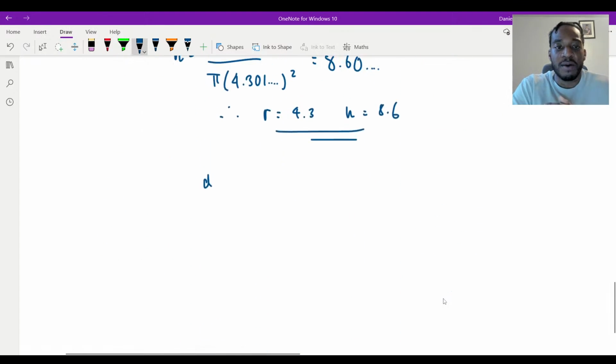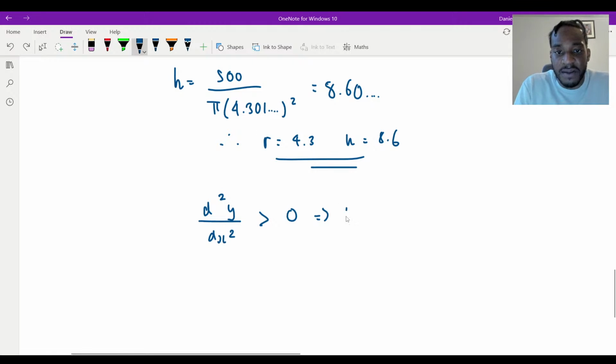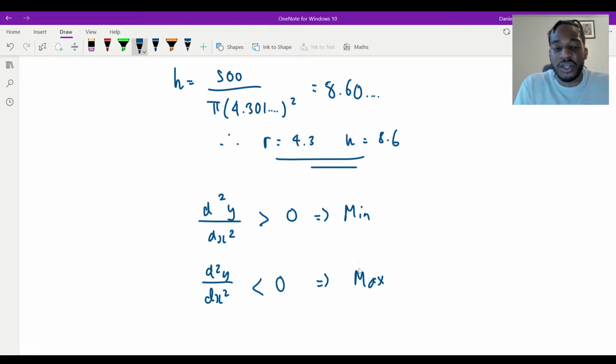So what you just need to remember, I'm just going to write here so you can make a note of it: if you have your second derivative, d squared y over dx squared, and you plug in your stationary point, if it's greater than 0, then this is a minimum. Sorry, that's a minimum. And if it's the other way around, then it's a maximum. That's just something you need to remember.